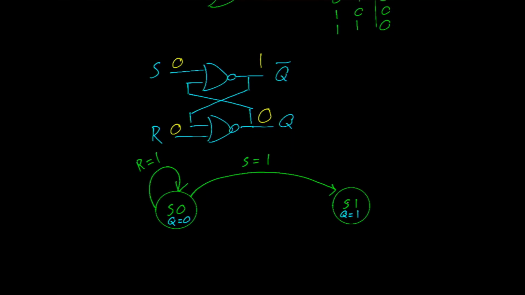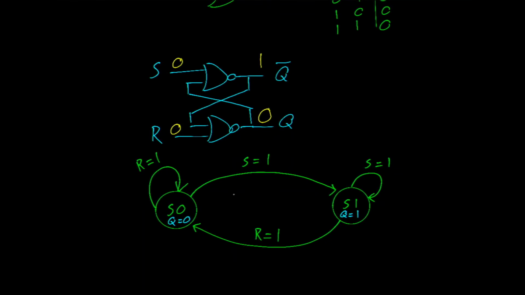Moving back to the S1 state, if the set line is asserted again, nothing happens. The machine stays in the S1 state. But if the reset line is asserted, it moves to the S0 state.